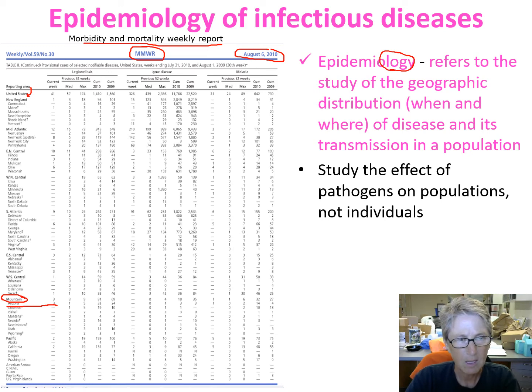And then you can come across here and look at these different diseases: legionellosis, Lyme disease, and malaria. You can see that in the current week, Arizona had 3 cases of legionellosis. And then it looks like we even had some malaria.